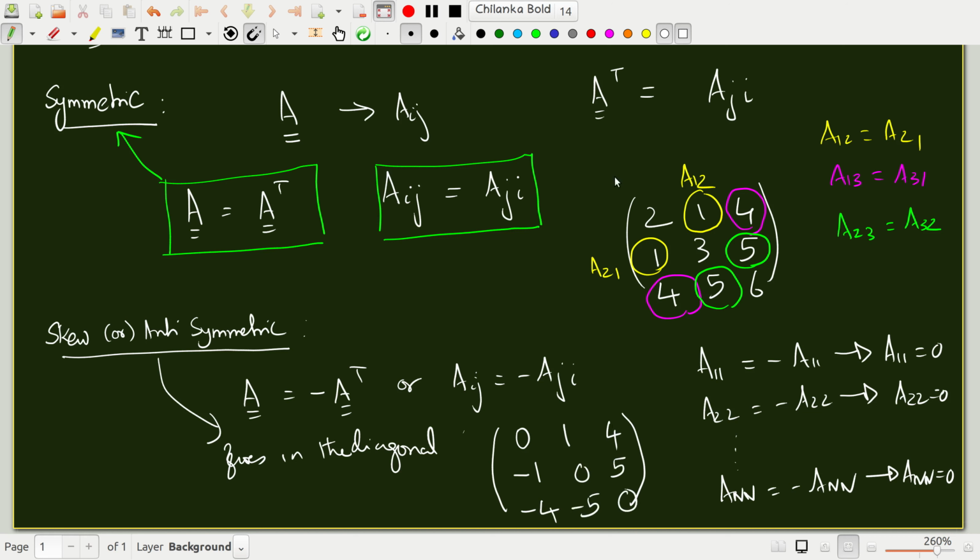So this is A12, this is A21, but they are negative of each other. Similarly, this is A13, this is A31, again they are negative of each other, and so on. So this is the definition of an antisymmetric or a skew symmetric matrix.